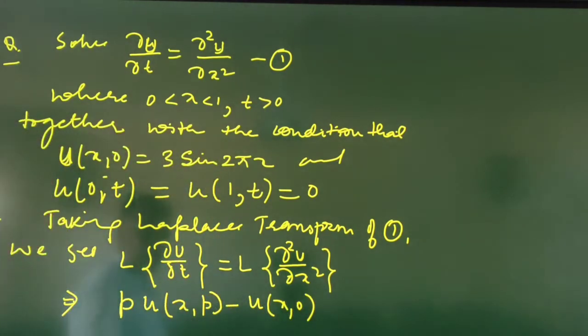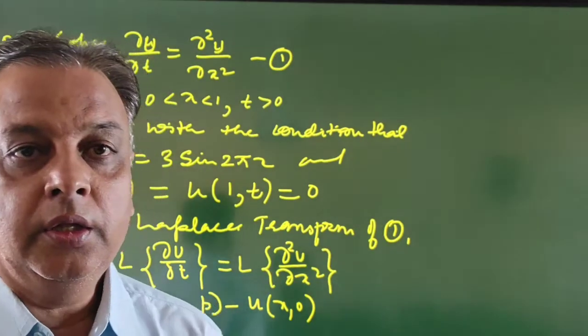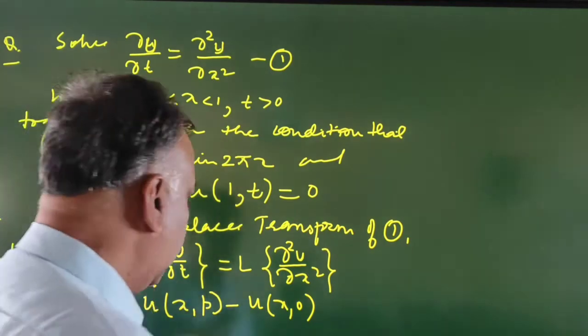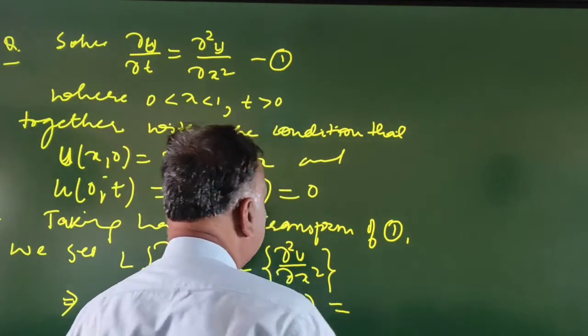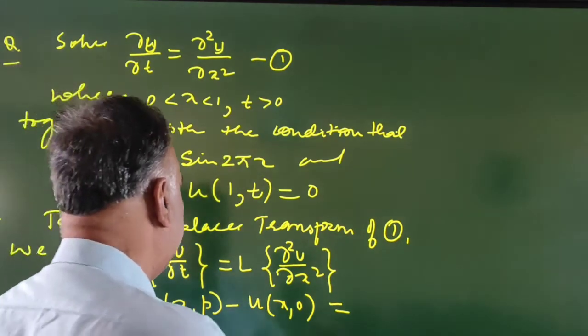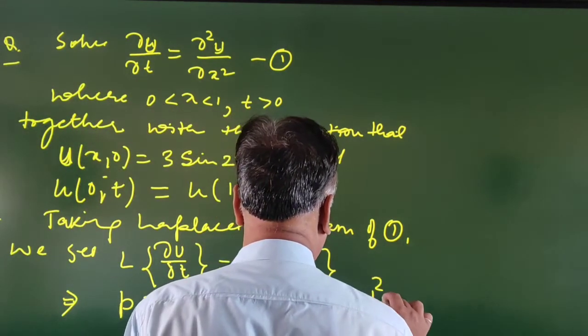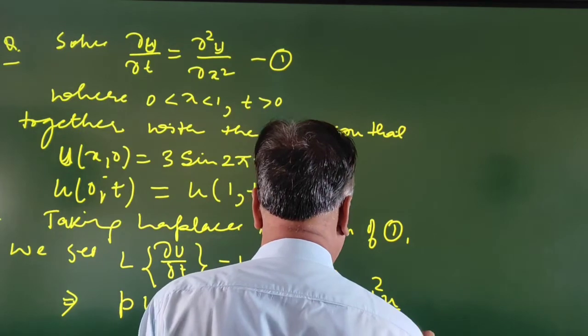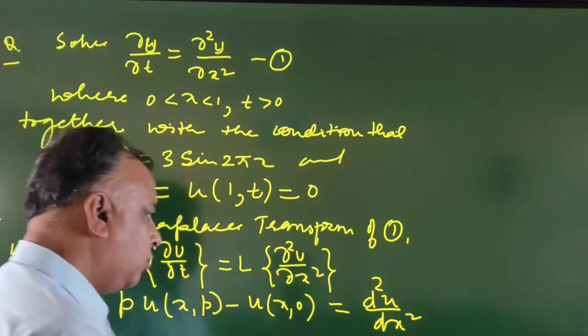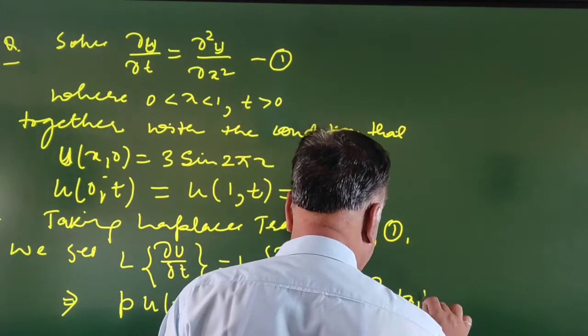If you put it, the Laplace transformation of ∂u/∂t is p ū(x,p) minus u(x,0). This equals the Laplace transformation of the second order derivative of u with respect to x, which is nothing but d²ū/dx², where ū is a function of x and p.